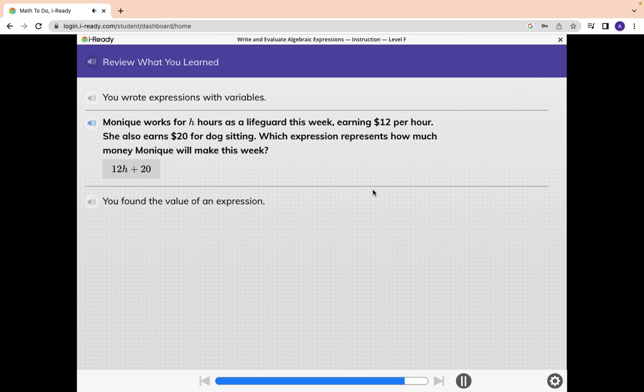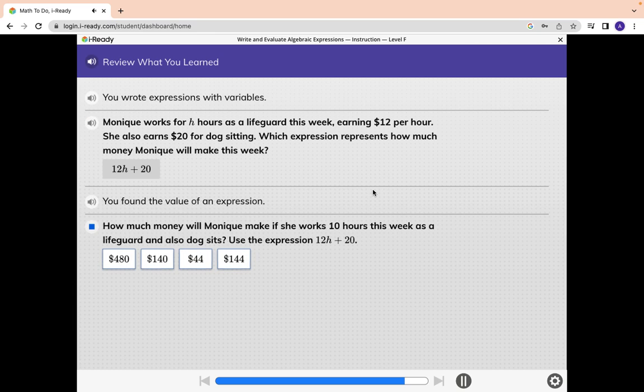You found the value of an expression. How much money will Monique make if she works 10 hours this week as a lifeguard and also dog sits? Use the expression 12h plus 20.